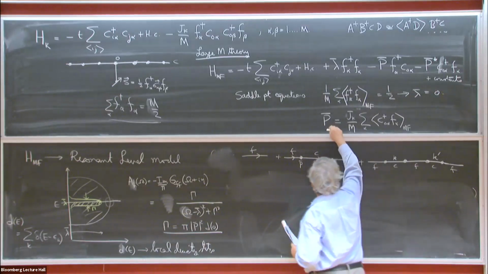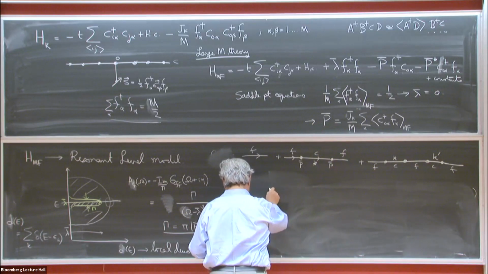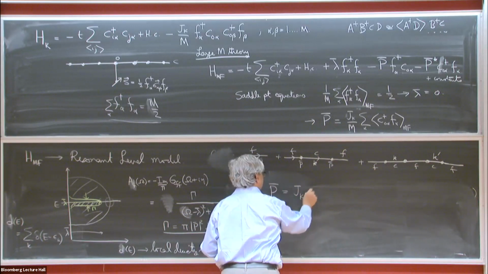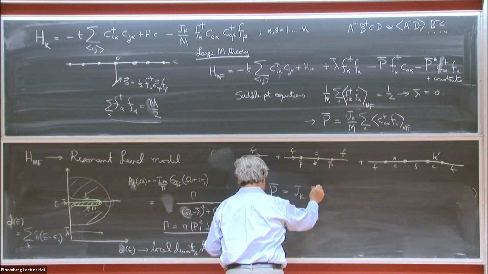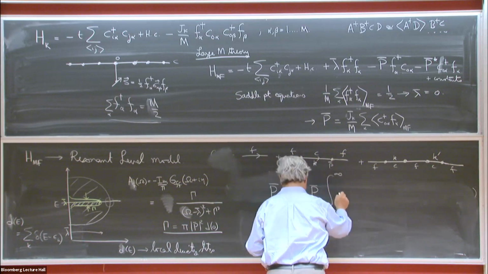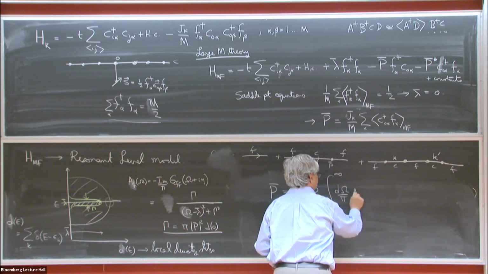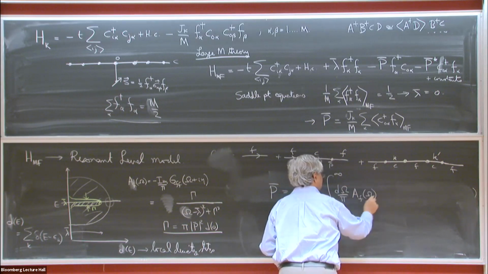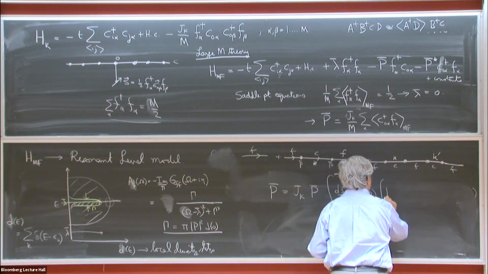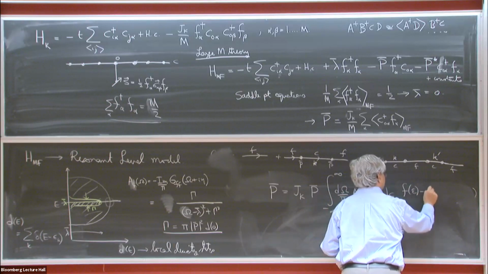So then this equation here, if you just work it out, becomes the following equation. It gives you P bar is JK times P bar times the integral from minus infinity to infinity d omega over pi A_F of omega, the spectral density of the F level, and then you get this in here, F of omega.